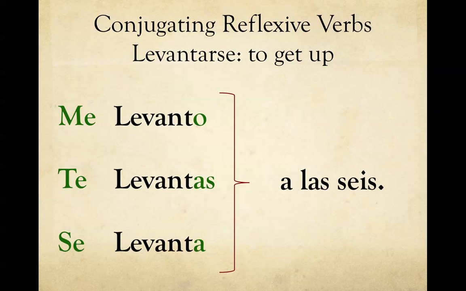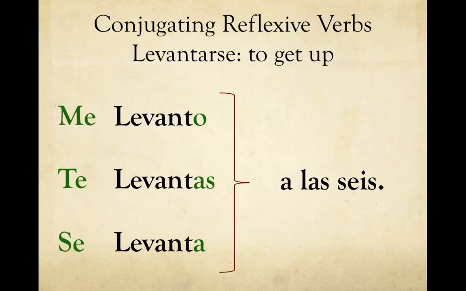Se levanta a las 6:30, okay? Or Juliana no se levanta a las 6. Juliana se levanta a las 6:30. Okay, so if you have a subject, the name of somebody or something, that will come first, and the no comes before the verb. Okay, the verb meaning the two parts together.